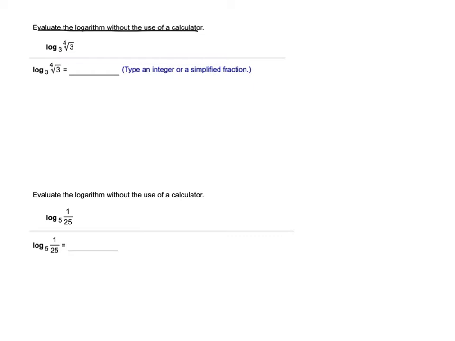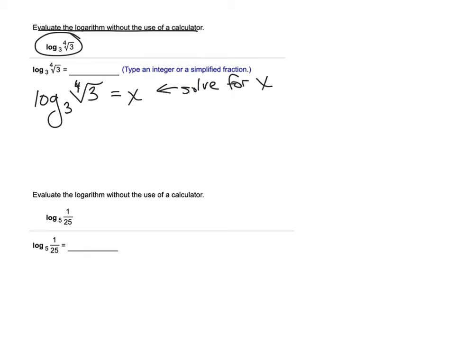So what you can do is create your own equation, since we want to know what this is. If I set this up, log base 3 of the 4th root of 3, so that's a 4. Okay, you can just set it equal to x, and then we're going to solve for x. So you're kind of creating your own little equation, but solving for x.